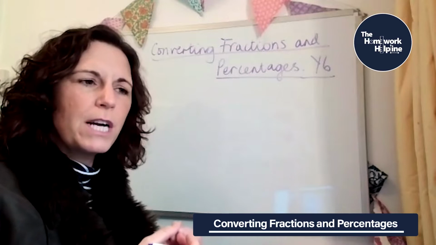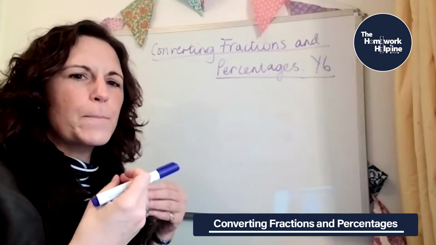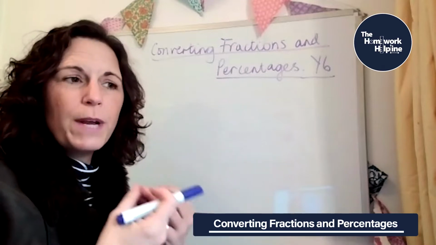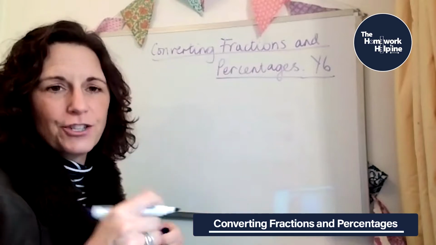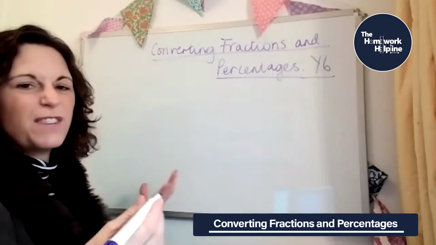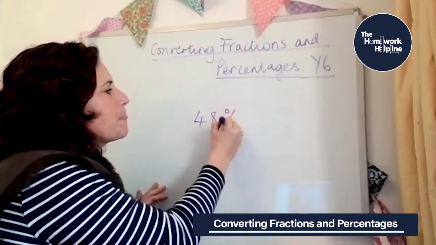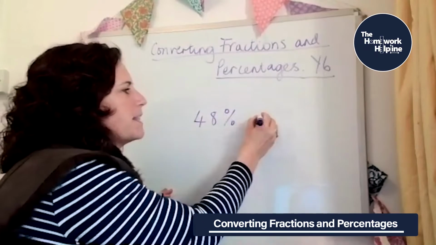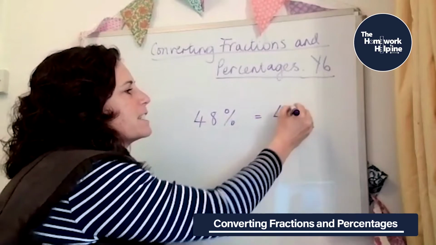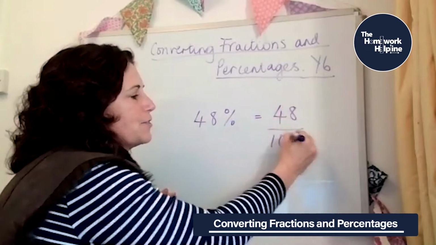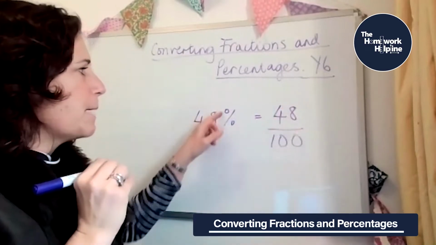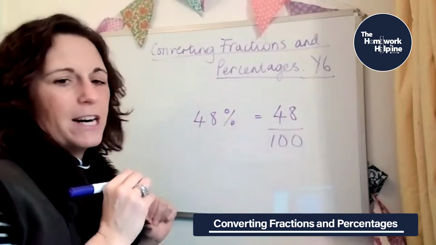So whenever we write a percentage, we can think of it as a fraction out of 100. For example, if I have 48%, then I can write that as a fraction as 48 out of 100, because percent just means out of 100.